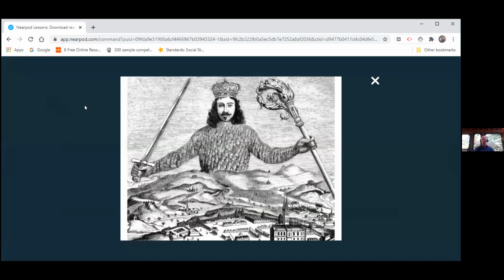You can see in the body the different individual people all looking up to the head, that idea of the sovereign, absolute monarchy that rules over his subjects with that divine right to rule. So this would be a great way to start before you get into looking at some of those Enlightenment ideas and Enlightenment thinkers.